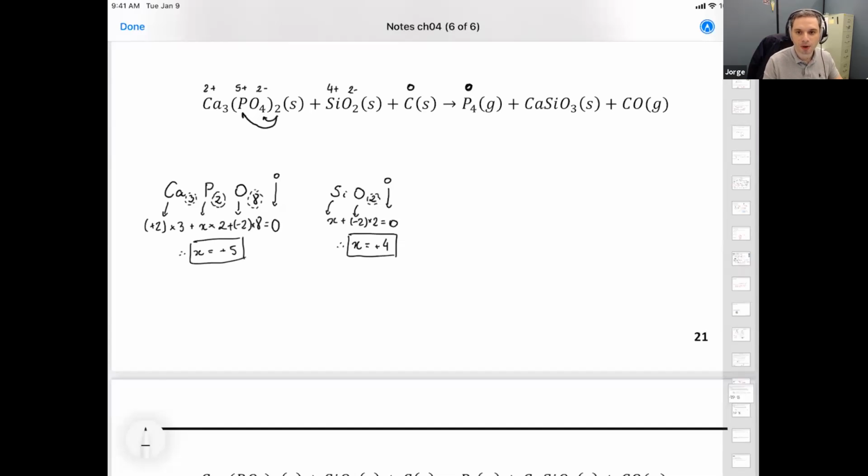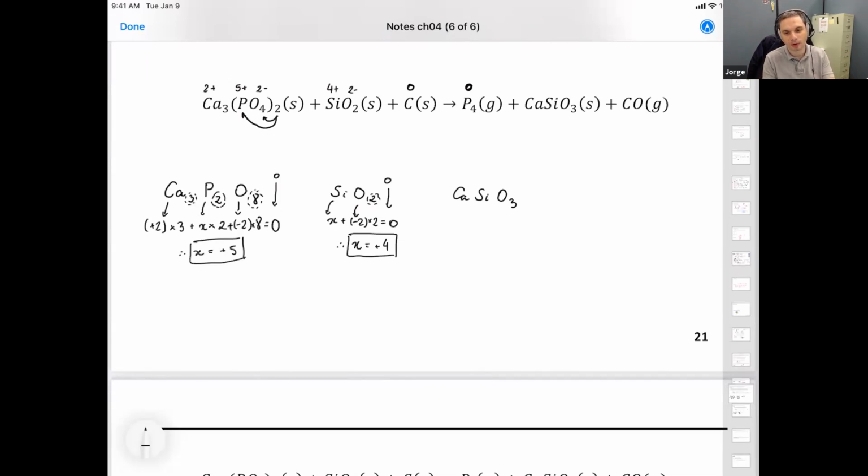Okay, next compound, we have here a calcium silicate. And then again, calcium is from group 2. Therefore, we know that the oxidation number is going to be +2.